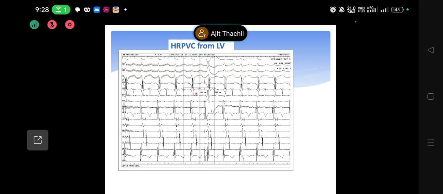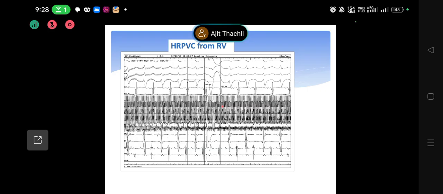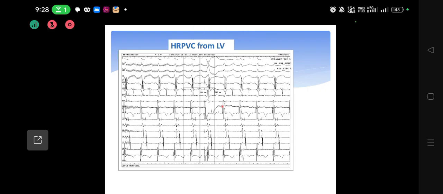It was 388, and 388 became 348, meaning the A to A became earlier when the PVC came from the posterior ventricle, but nothing happened to it when the PVC came from the anterior ventricle. Why? Because there is a connection from the ventricle to the atrium other than the AV node, which is situated in the posterior ventricle.